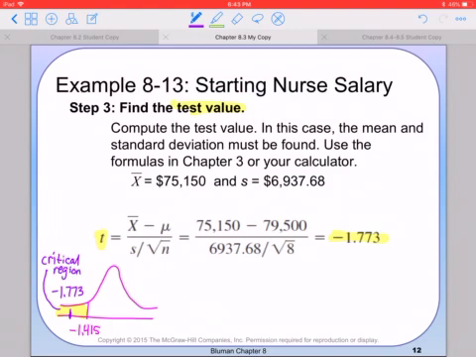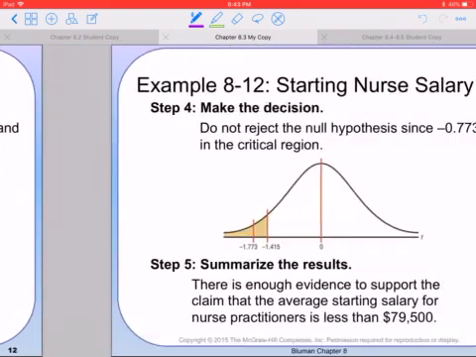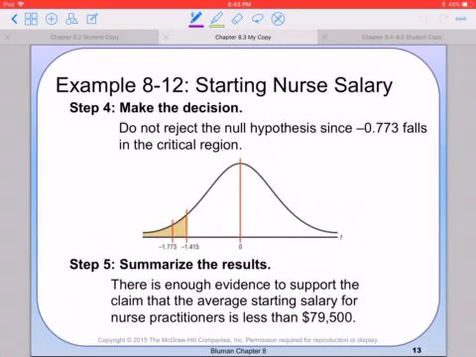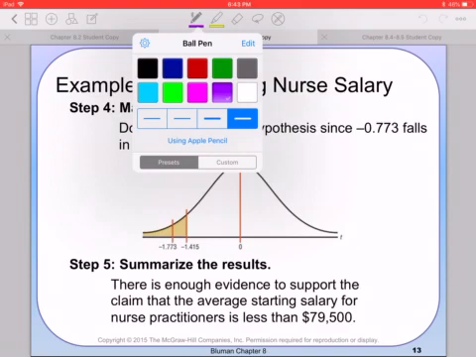So that means we want to reject the null hypothesis. Okay, another typo.